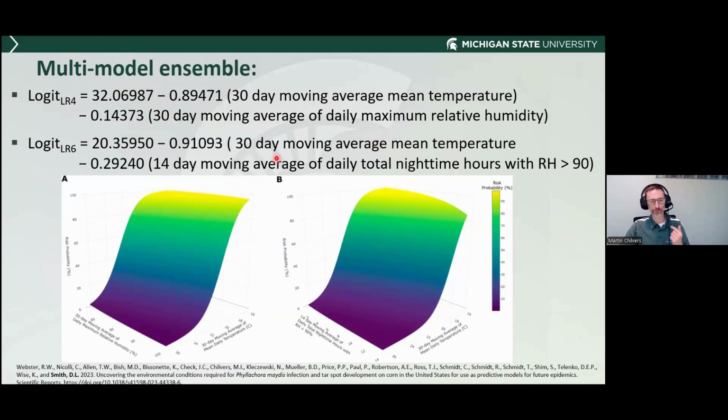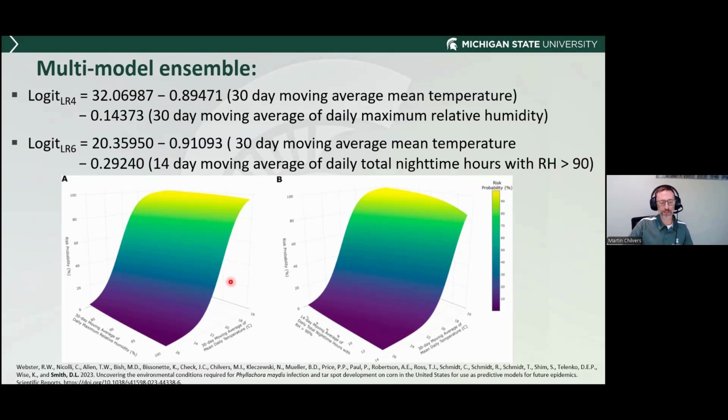The other model also uses the 30-day moving average mean temperature, but then it incorporates the 14-day daily total nighttime hours with relative humidity above 90%. And relative humidity above 90% is a good proxy for leaf wetness. So that leaf wetness is incorporated into the model.